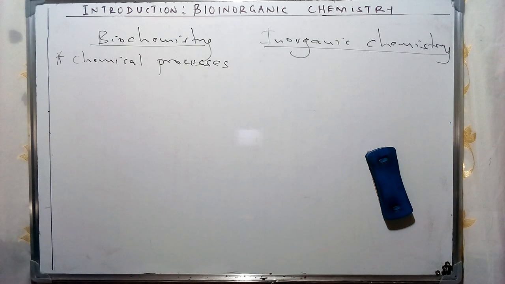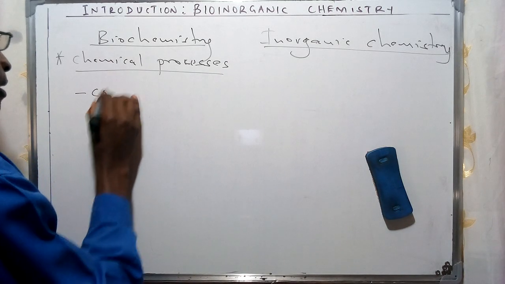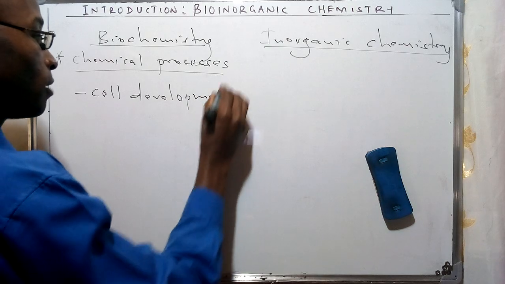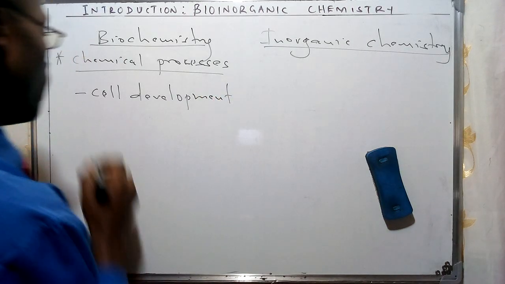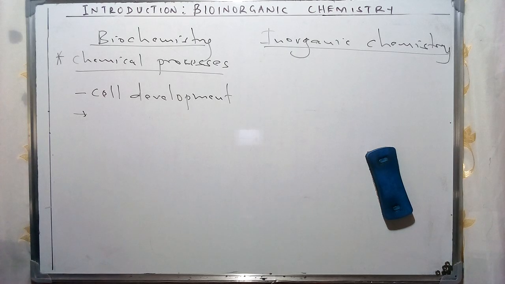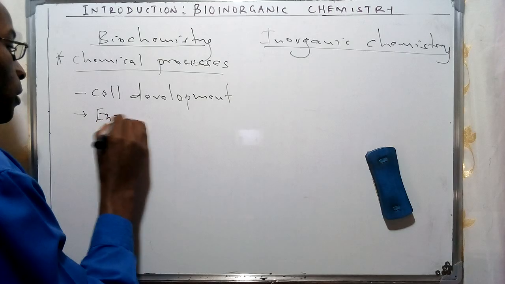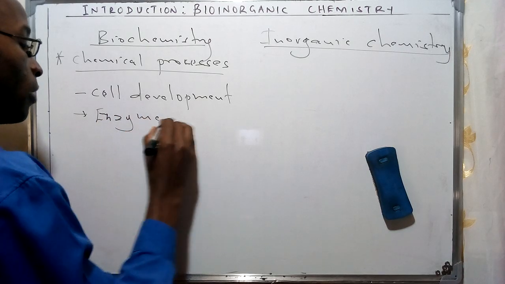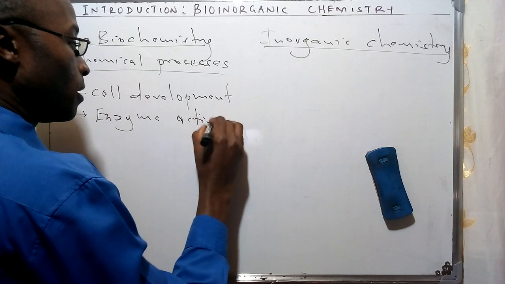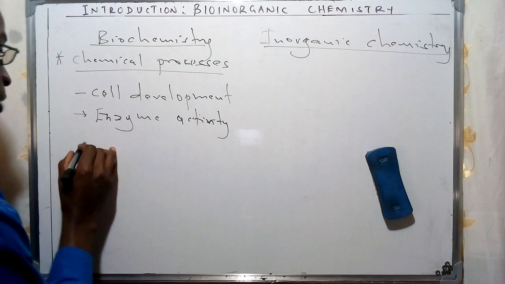Among other processes, there is the concept of cell development, which consists of a range of chemical processes we have stated in some of our videos, or will come across. This can include, among other topics, enzyme activity, which influences some of the biochemical processes we will see.